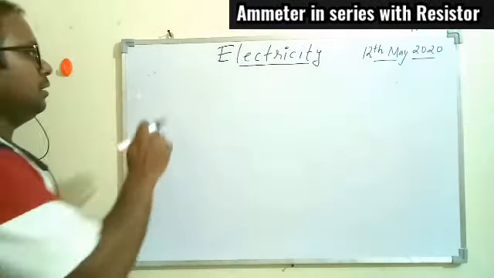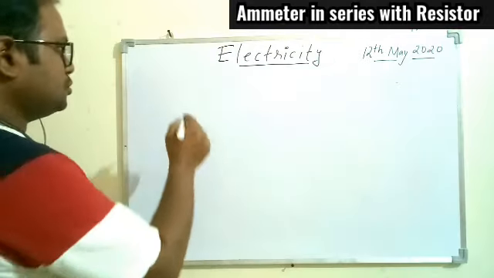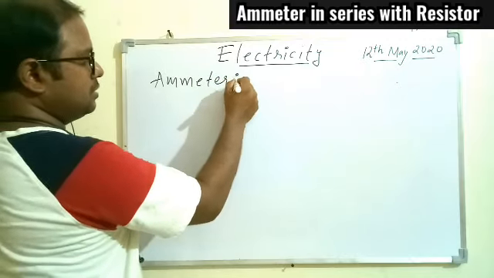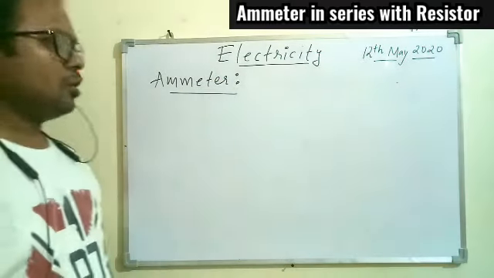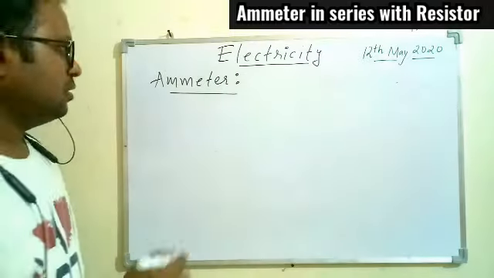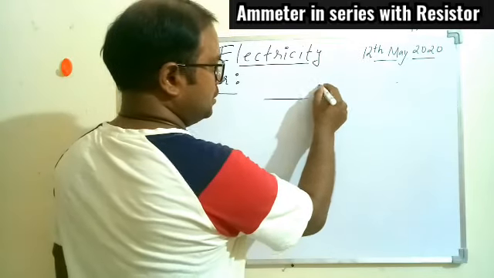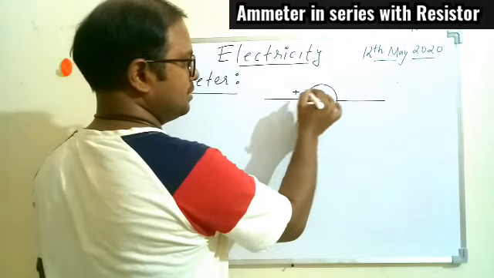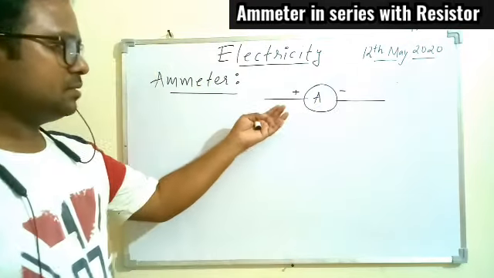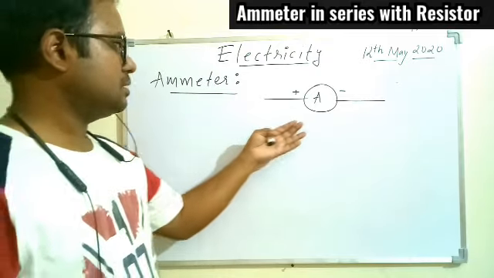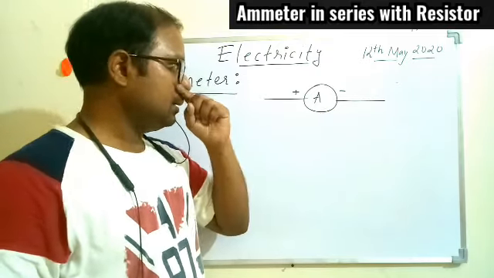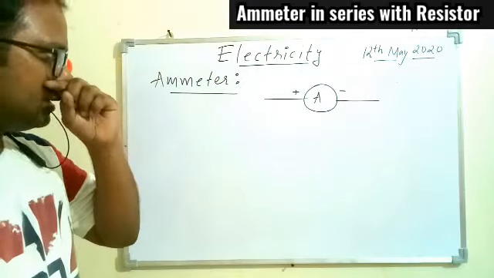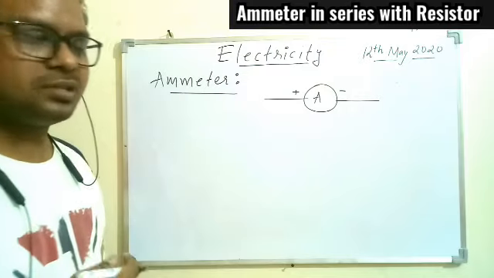In one of the classes we understood that the ammeter is a device which records the current in a circuit. In general the symbol for the ammeter is capital A with plus and minus signs. Plus is the positive terminal of the device and the negative terminal is minus. We have understood that the ammeter has to be connected in series with the circuit.